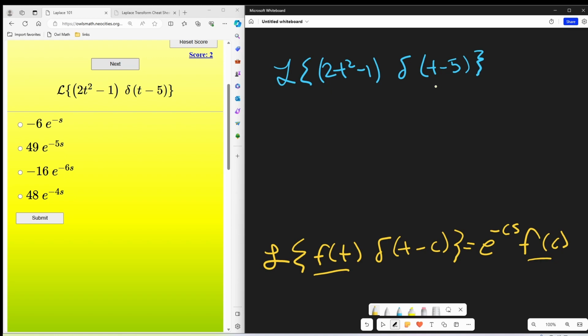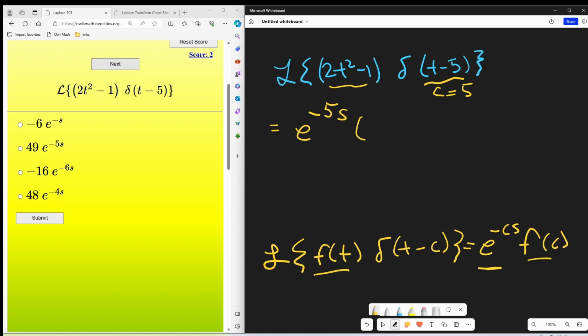So looking at our problem, our c value is just 5 here. So let's see if we can go right to an answer. The first part here is going to be e to the minus 5s. I want to make the 5 clear so it doesn't look like an s. And then for this 2t squared minus 1, we just need to evaluate that at 5.